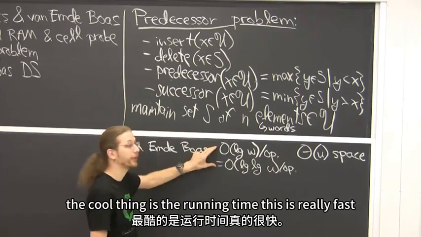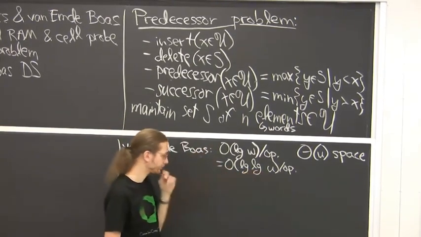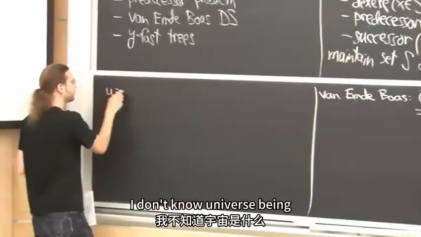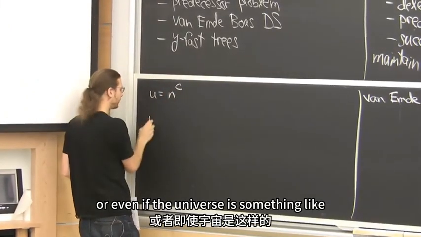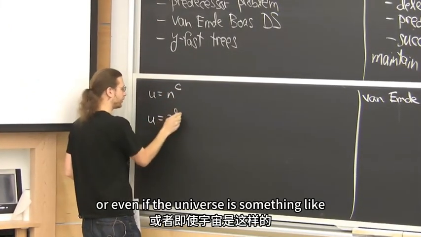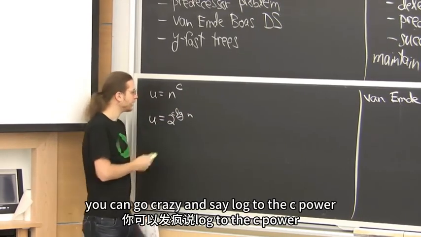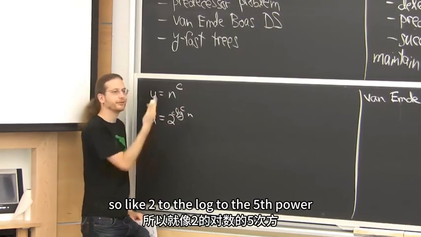But the cool thing is the running time. This is really fast. Log U. If you think about, for example, the universe being polynomial in N, which is the same as like 2 to the C log N. You can go crazy and say log to the C power, so like 2 to the log to the 5th power.